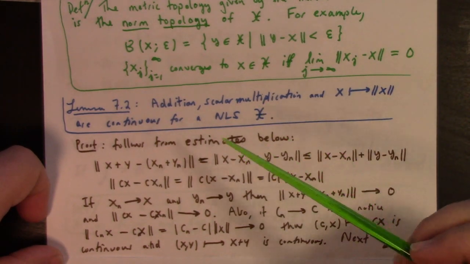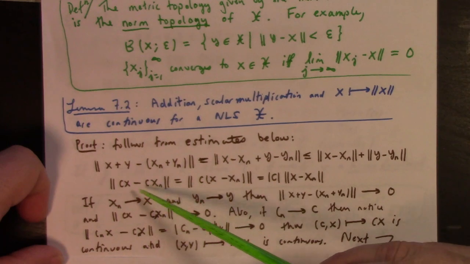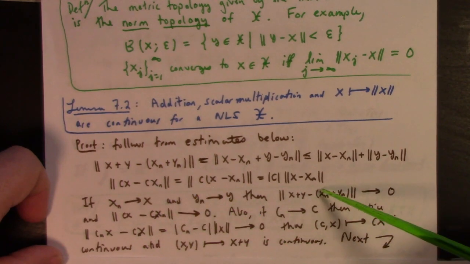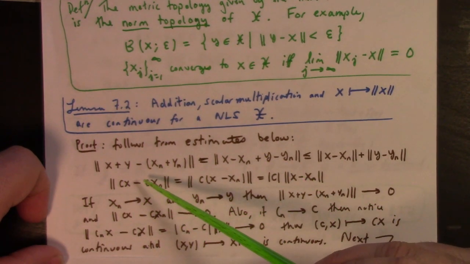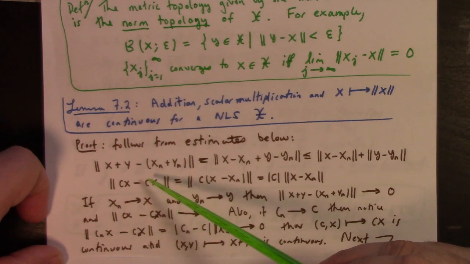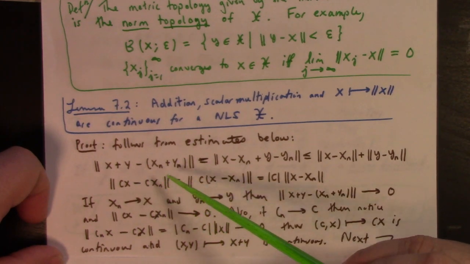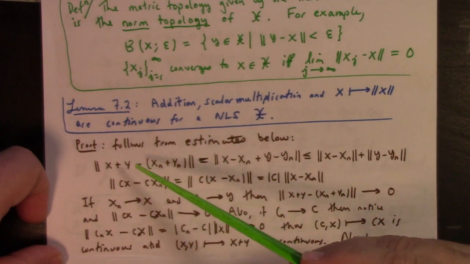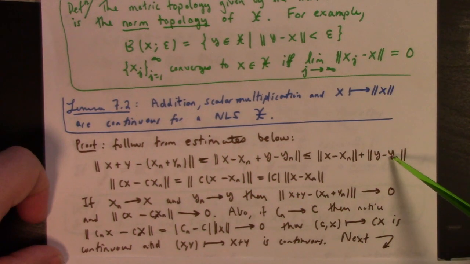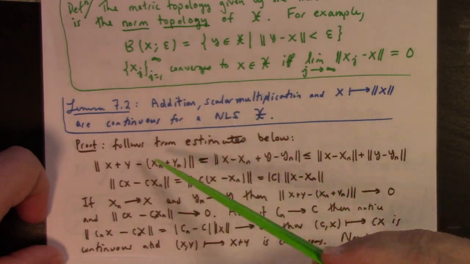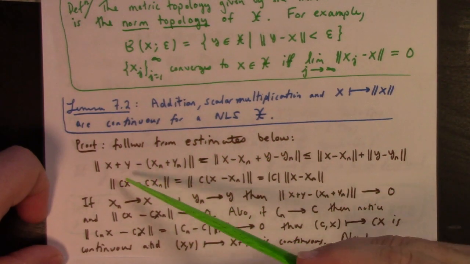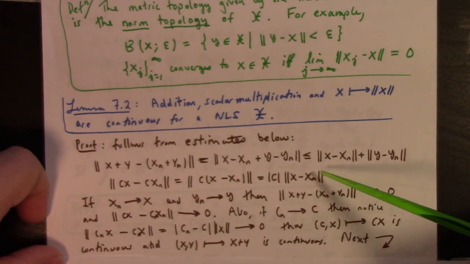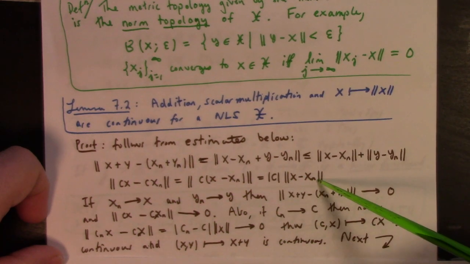And similarly, if I have xn going to x, this shows me that cxn is going to cx as n goes to infinity. So I think this estimate gives me both kinds of continuity I want on both copies of the normed linear space that defines the addition map. This inequality gives me the continuity with respect to the x input that I'm interested in.